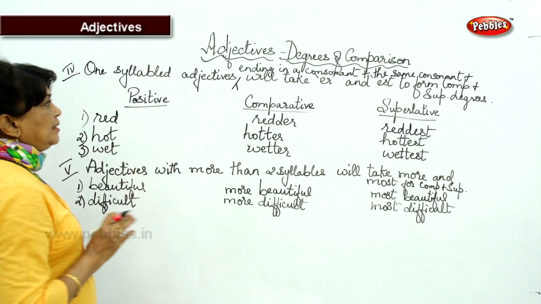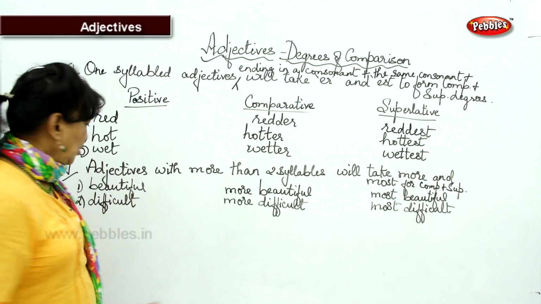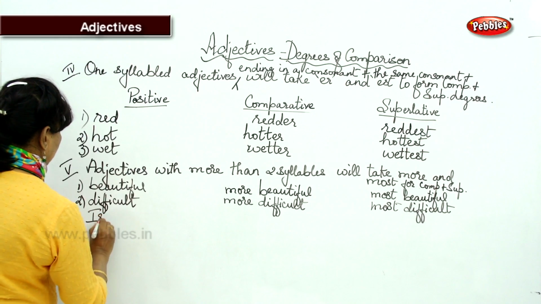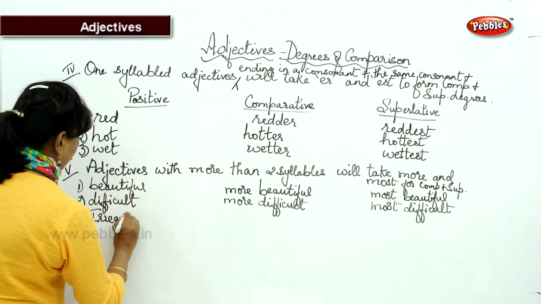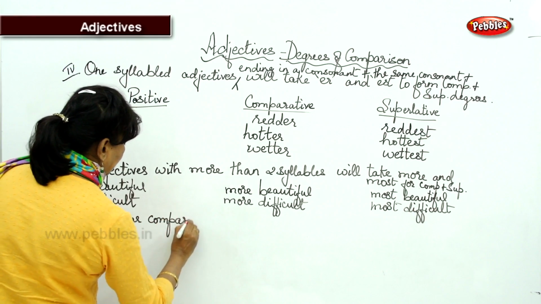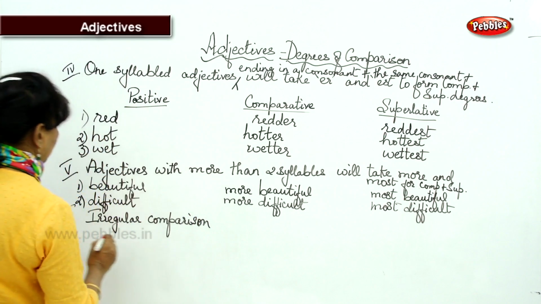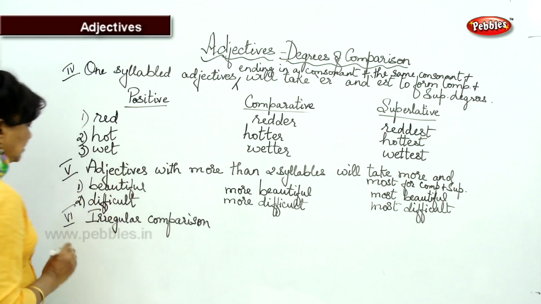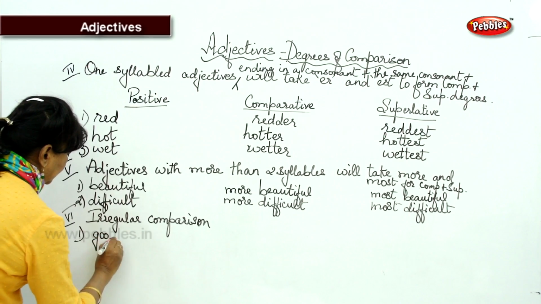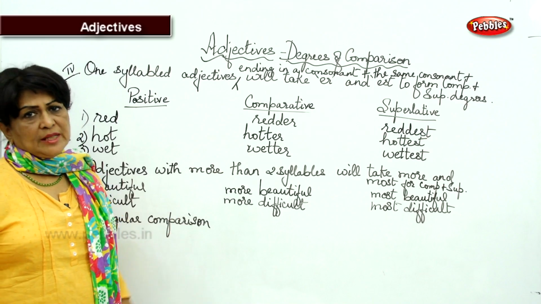Okay. There is another one which is irregular comparison, doesn't follow any rules at all. Okay. Last one. Irregular comparison. Okay, this, for example, the word good. It doesn't follow any of the rules that I have mentioned here.